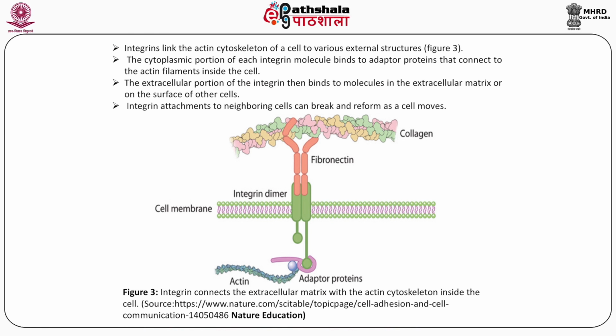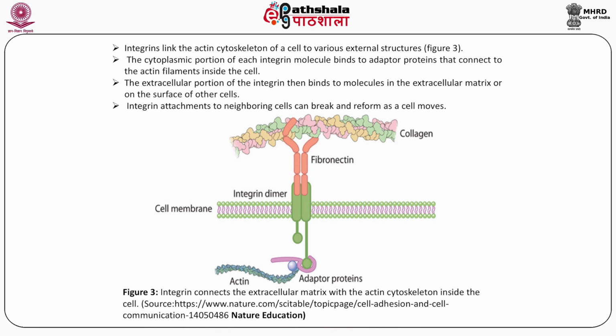Integrins link the actin cytoskeleton of the cell to various external structures. If you see in the figure, you will find that the cytoplasmic portion of each integrin molecule binds to adaptor proteins that connect to the actin filaments inside the cell.